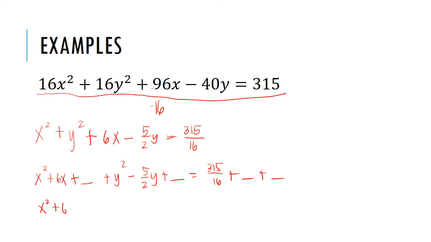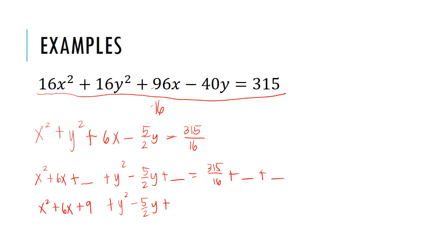Ano po ang i-add natin dito kay x squared plus 6x? 6 divided by 2, that is 3. And 3 squared is 9. How about for y squared? Ayan, dahil fraction siya, para hindi kayo malito, ilalagay ko dito sa taas.